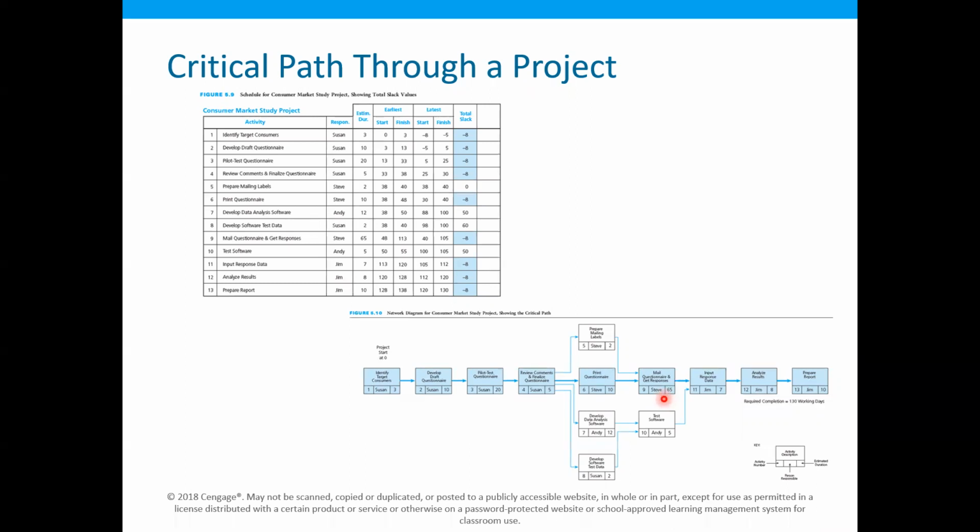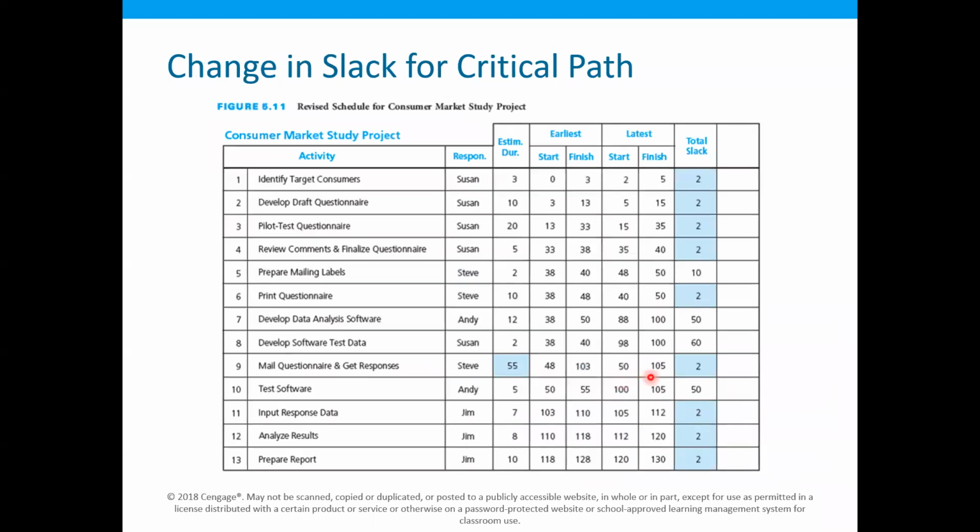If we change its duration from 65 to 55, some changes will happen in this project, and these changes can be reflected in the durations of the activities. The project will complete in 128 days instead of 138 days, which is represented over here.